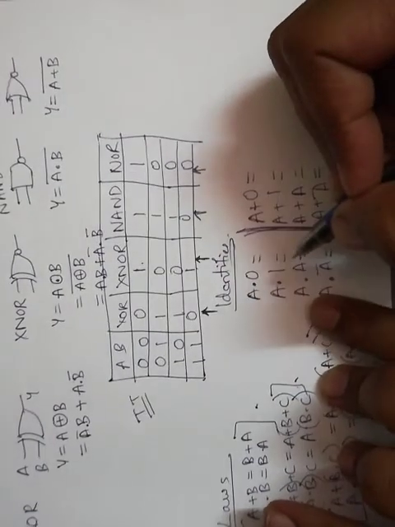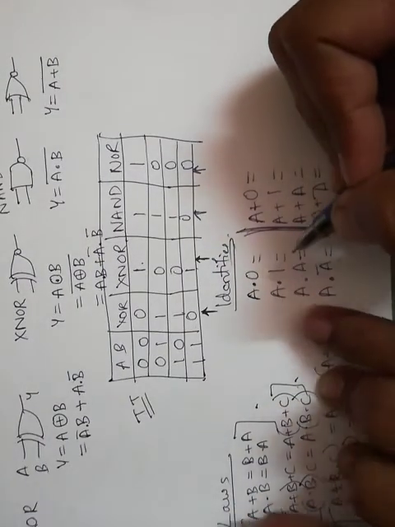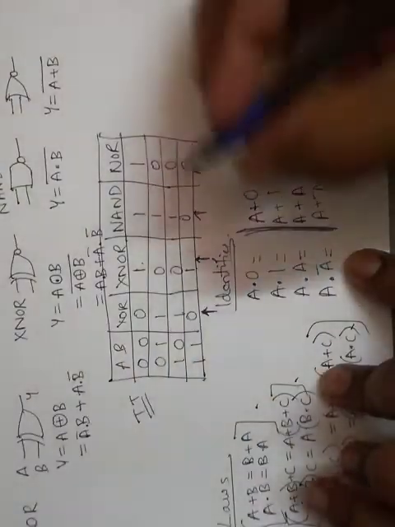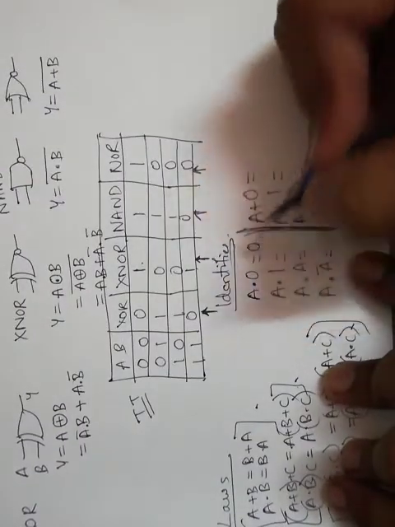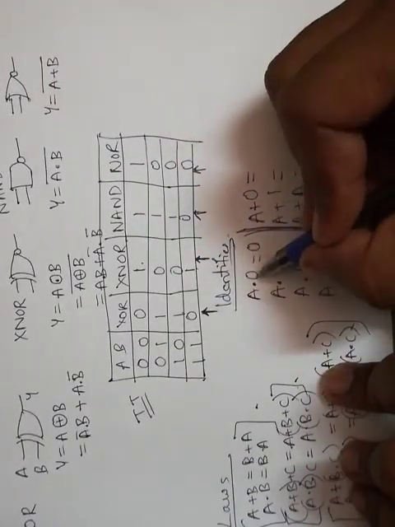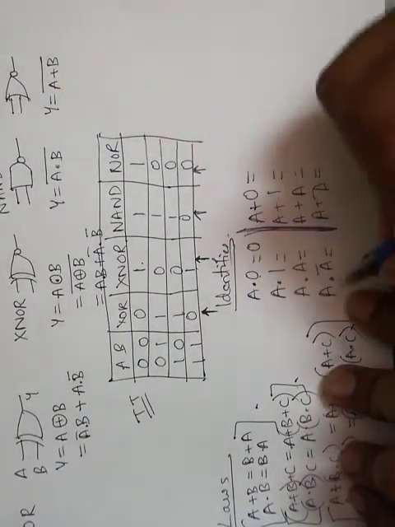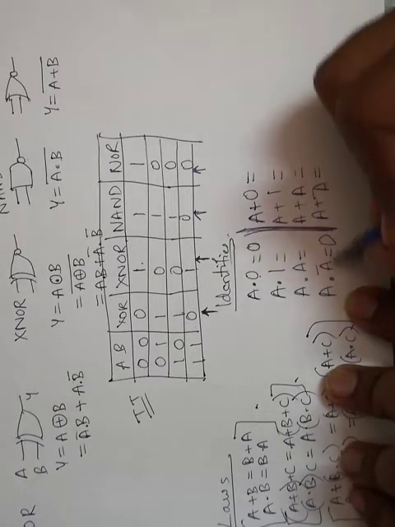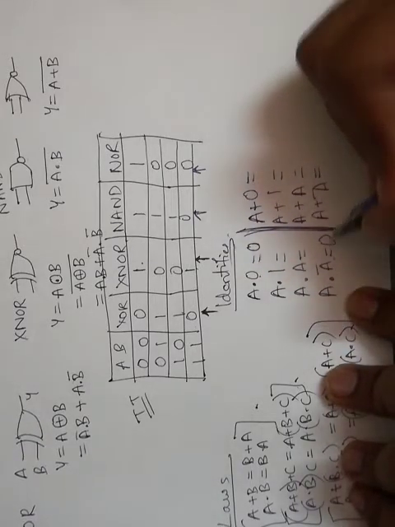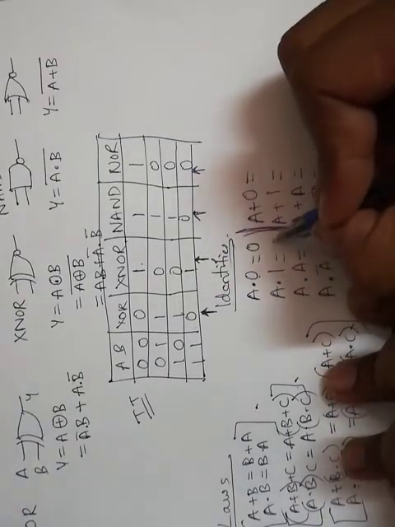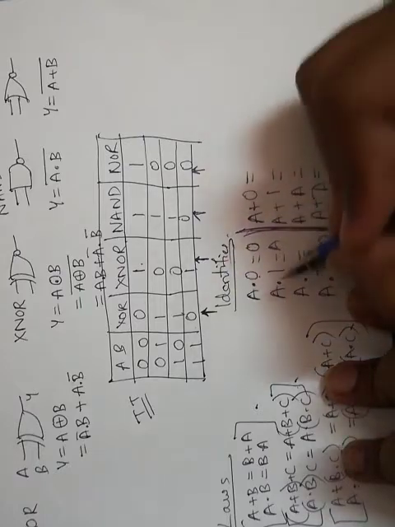AND gate definition is, if both the inputs are 1, output is 1. So this we can straightforwardly write as 0. Why? There is a 0 here, so answer becomes 0. This also we can write as 0 because these two are opposite to one another, so one of them has to be 0. And this second answer will be written as A. Why?